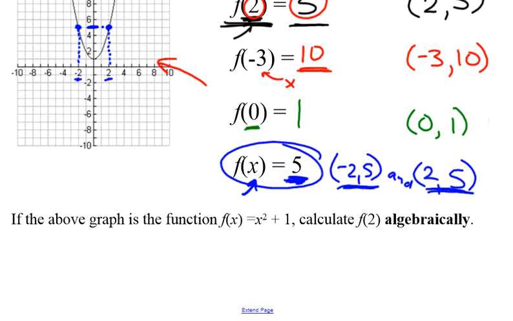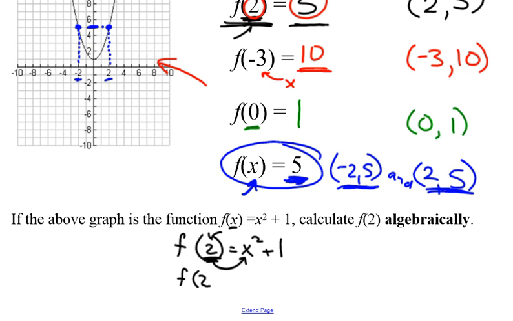If we take a look at the second part of this one, it says if the above graph is the function f of x equals x squared plus 1, calculate f at 2. That means algebraically, I want f at 2 for x squared plus 1. What does that mean? That means my 2 needs to be plugged in, because what's in the brackets is x.